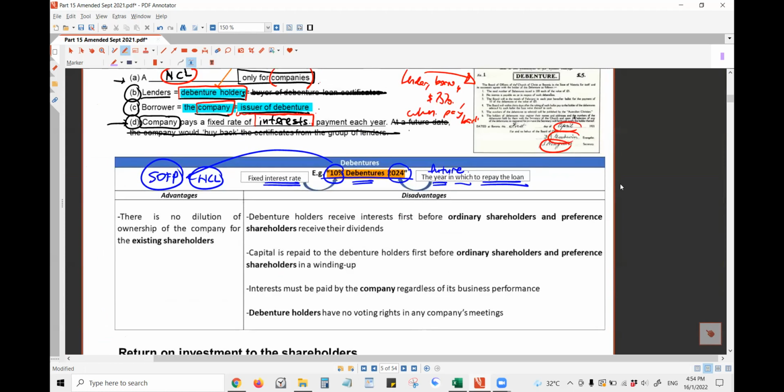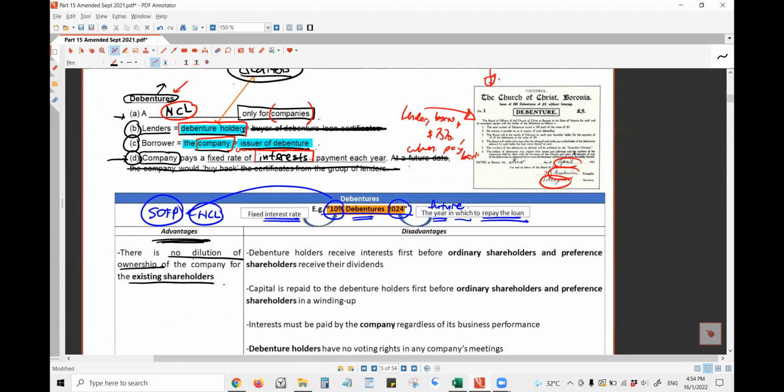Let's see this table again. We look at the advantage. There will be no dilution of ownership for the existing shareholders, because when the company takes a debenture to borrow money, there won't be more shareholders around.